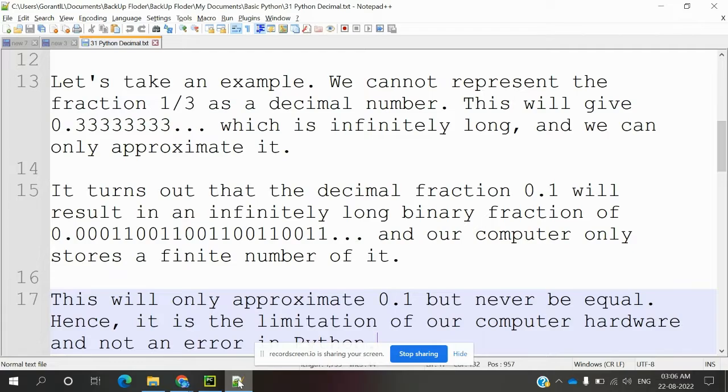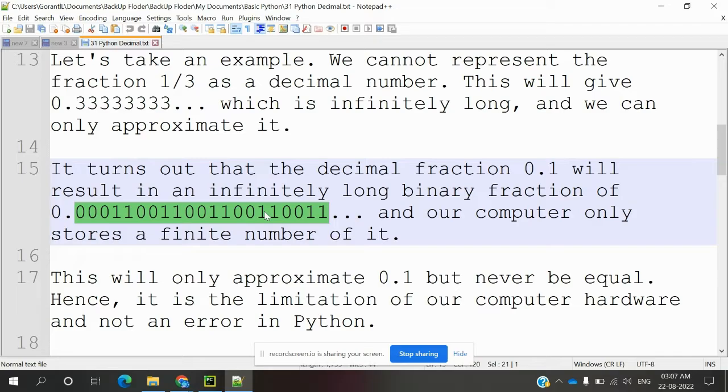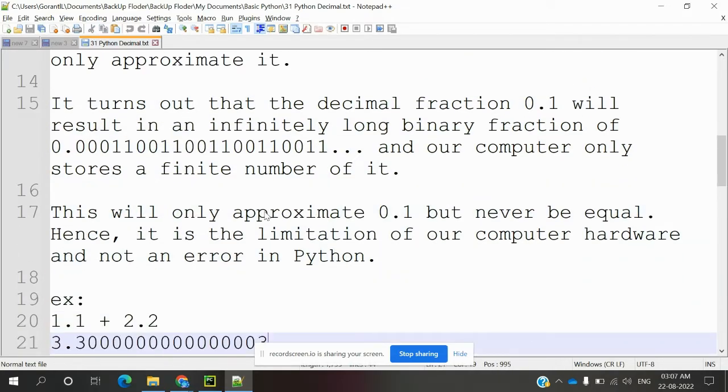When you convert a decimal fraction like 0.1, it results in an infinitely long binary fraction. Our computer only stores a fixed number of bits, only as much as is required. It will not go beyond that, and computer hardware also will not allow it.